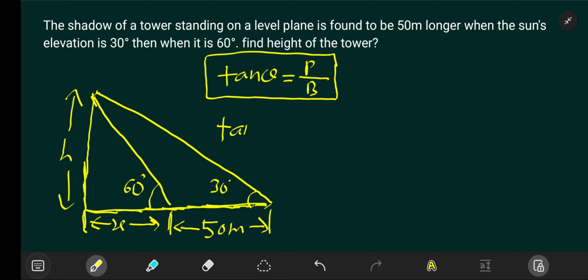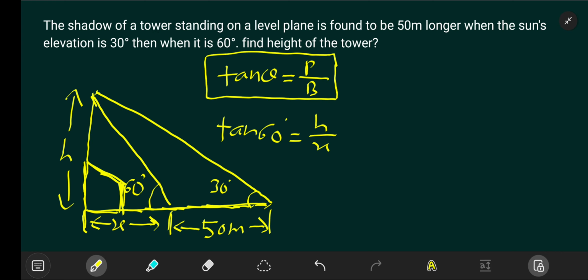Apply tan 60 degrees. Tan 60 degrees is equal to the perpendicular side upon the adjacent side, that is the base, that is h upon x.